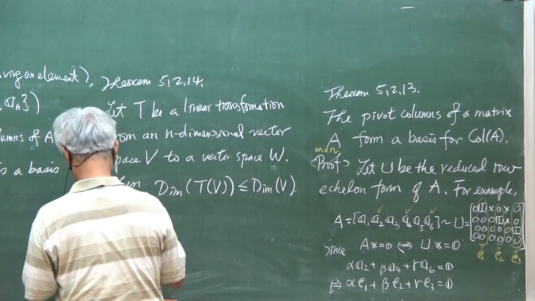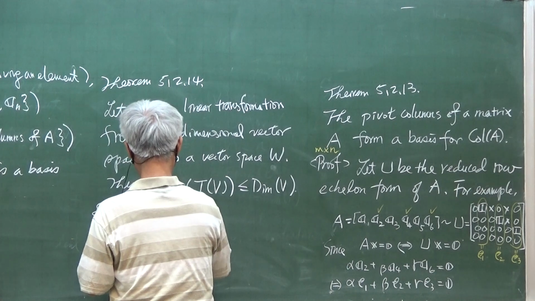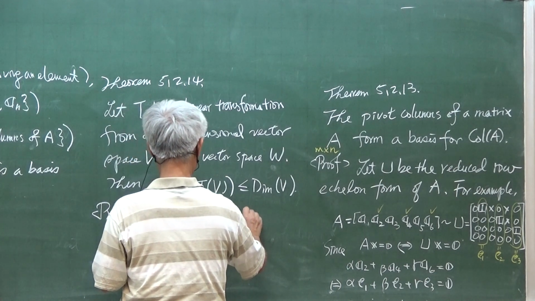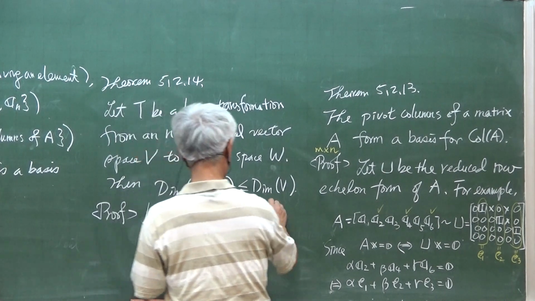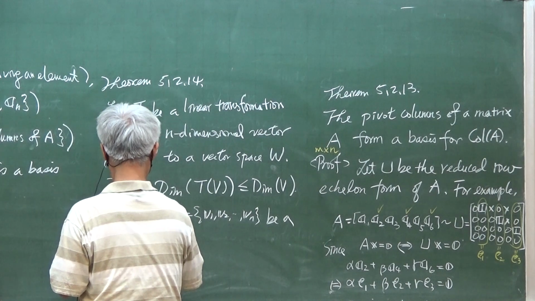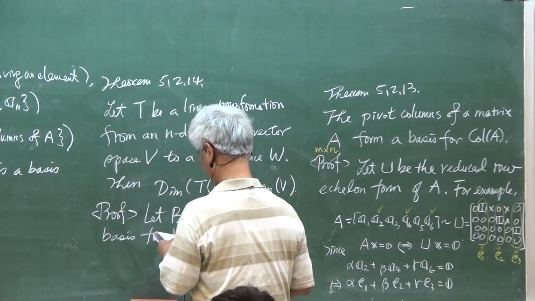Okay, so let B equal to {v1, v2, ..., vn} be a basis for V. Okay?